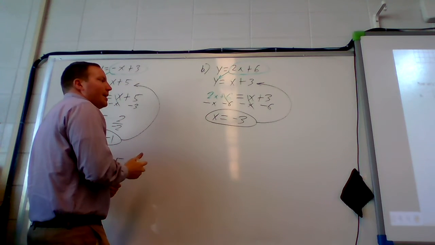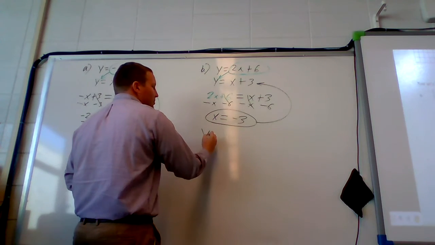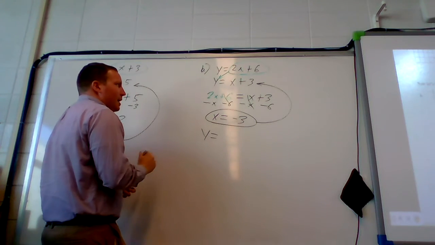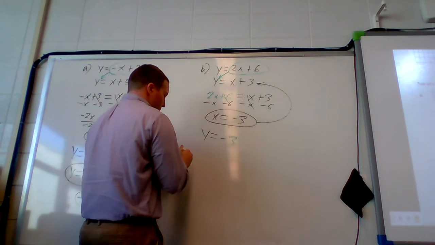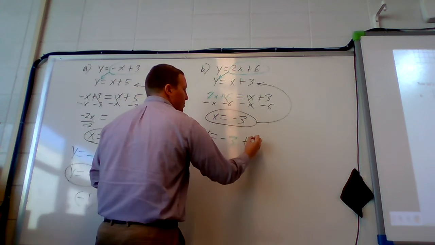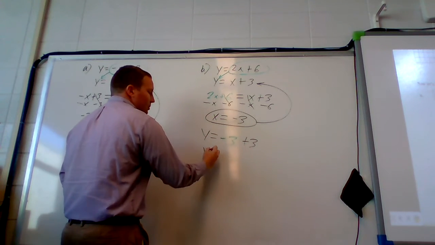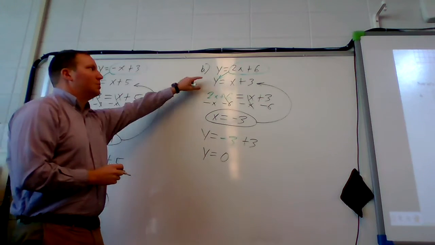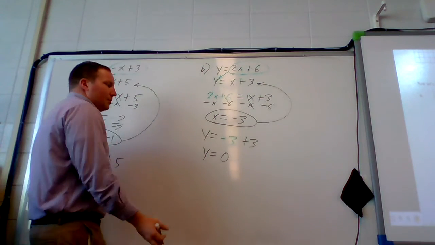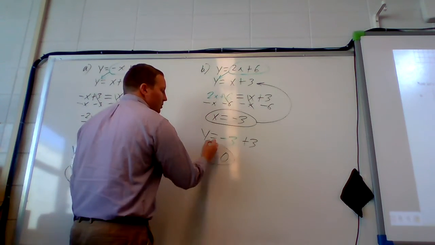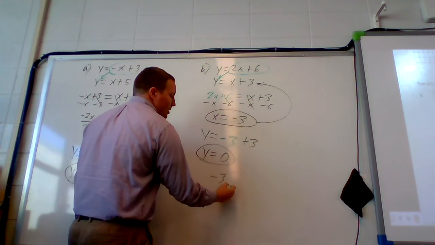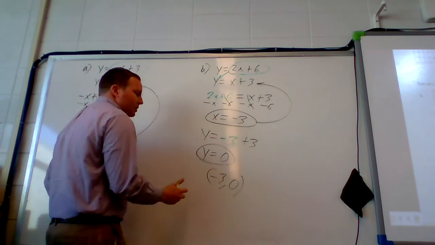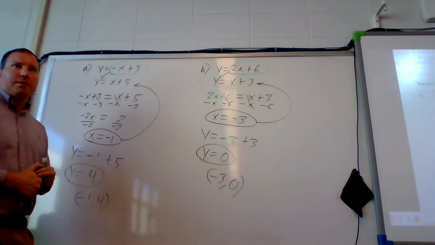Just replacing that x with negative 3. So y equals negative 3 plus 3. So y equals 0. So the point where these two lines cross, or the solution to it, is at the point negative 3, 0. Okay.